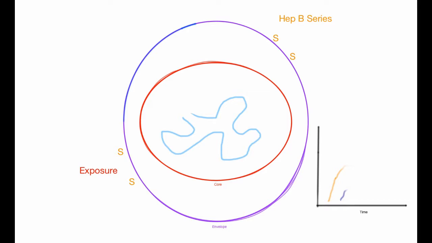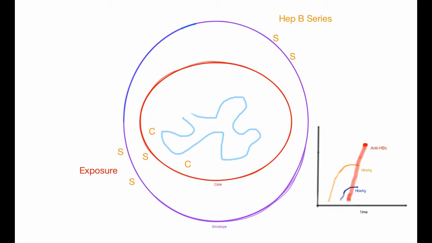But if you've been infected with the active virus, or if you've had a true exposure, the story continues from there. At about the second month, your body's going to start producing Hep B envelope antigens. So on the envelope, you're going to start to see an antigen presence as well. This indicates that it's not a Hep B series vaccination, that this is in fact an exposure.